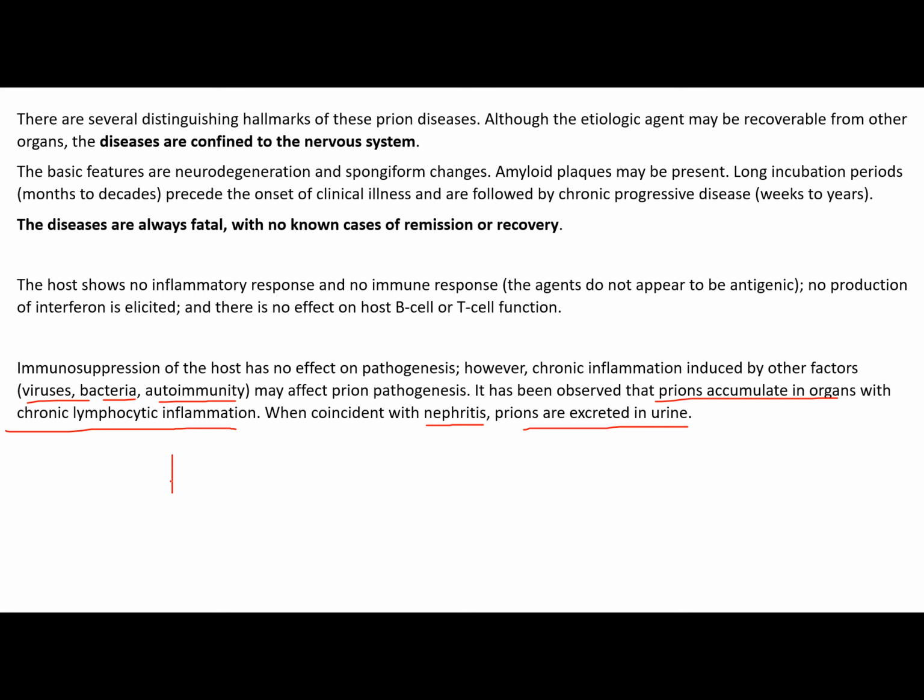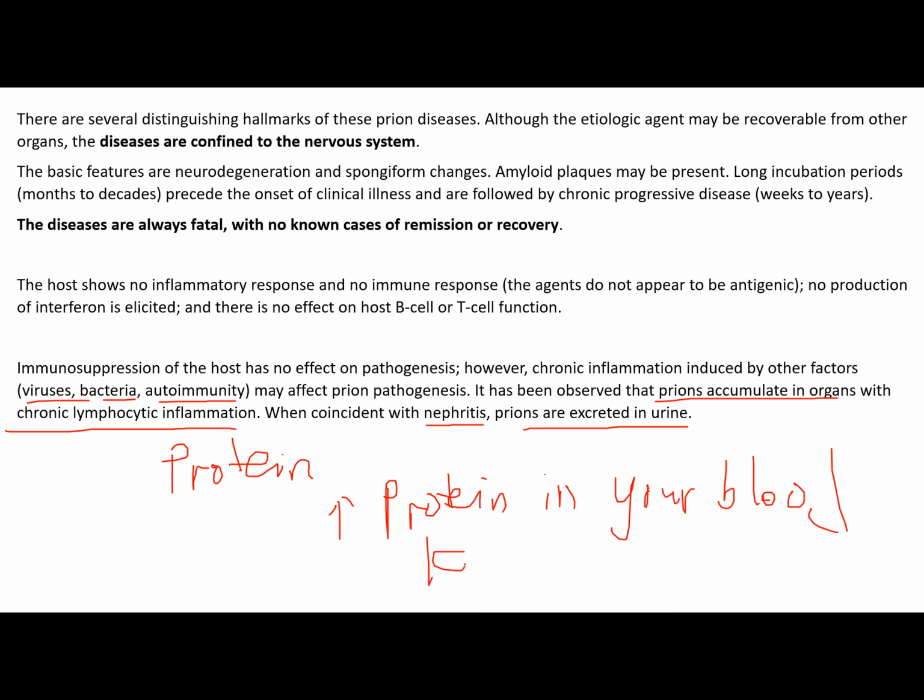Di ba nga ang prions nyo class are protein? Now, if you have too much protein in your blood, this can cause kidney damage. An example of a kidney damage is your nephritis.